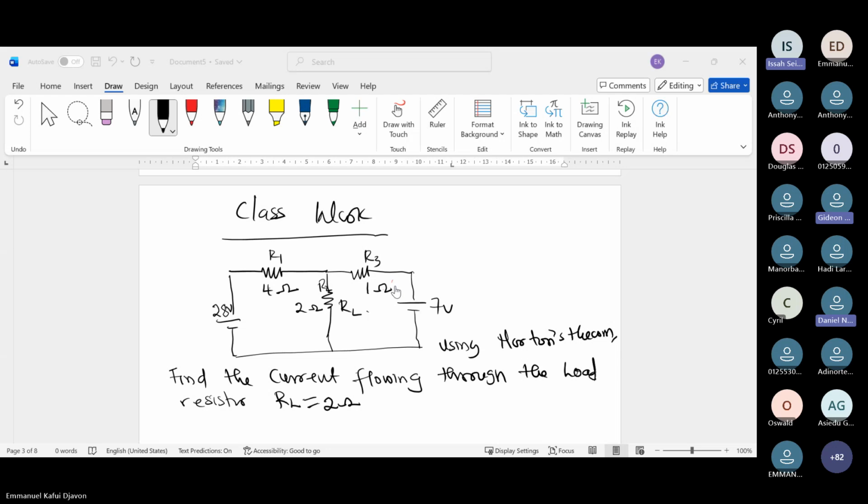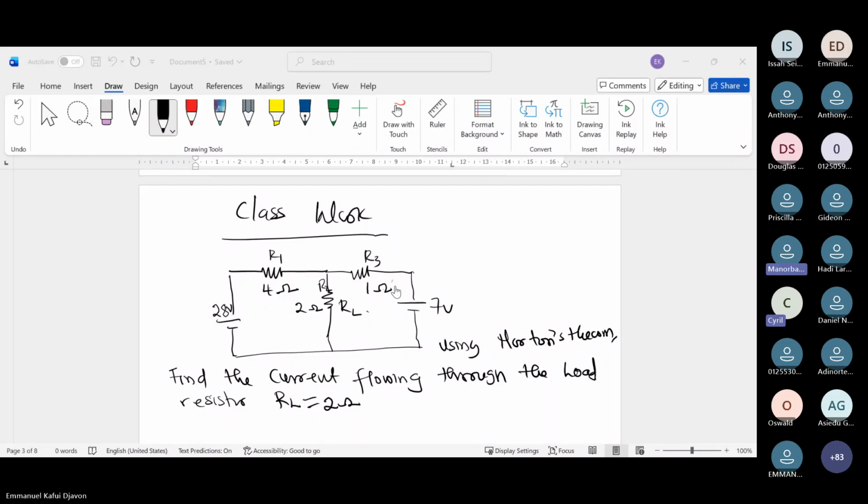So the 0.57, you multiply it with the IS, giving you 0.33. No, you multiply by 2. That's the load resistor. Load resistor times the current.